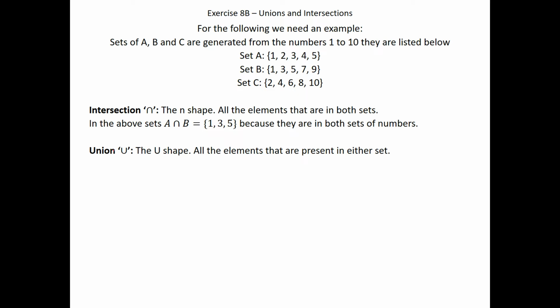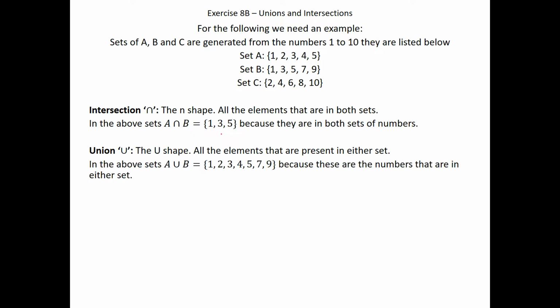The next one we want to talk about is union. This is kind of a wide U shape. This means all the elements that are present in either set. It's kind of like or. Intersection can be and, union is or. So all the elements that are present in either set.